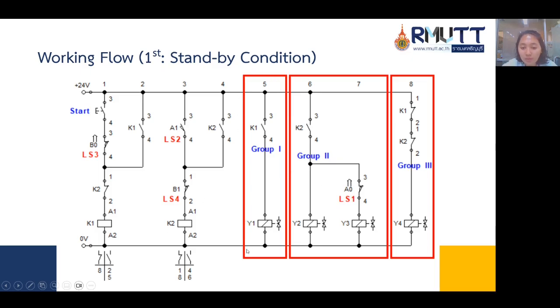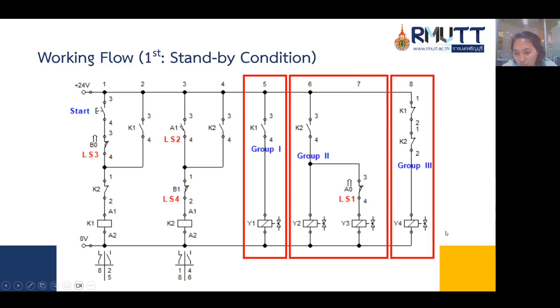This is to make it detailed for group 1 only. In this part, there is the normally open contact K1 to activate solenoid Y1, and this is group 2, from the normally open contact K2 of relay 2 to activate solenoid Y2, and also after A0, limit switch 1, is active, then it activates solenoid Y3.